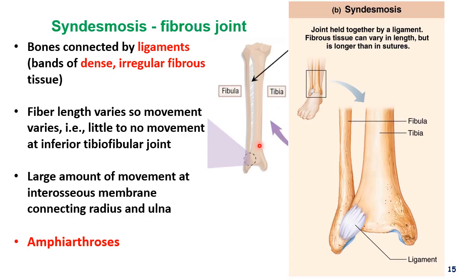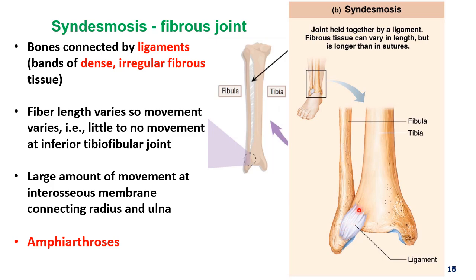Now, this we have seen in your arm and on your legs, the interosseous membranes. So here is showing you the interosseous membranes of your legs. Besides this interosseous membrane, you also have this other ligament here that is bone to bone, but this type of ligament is not irregular.